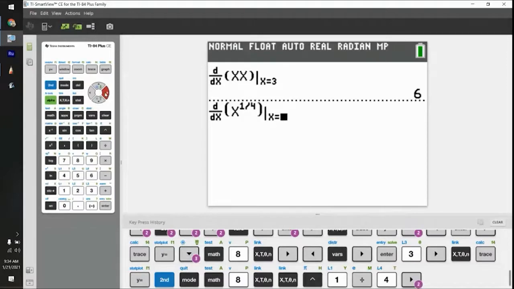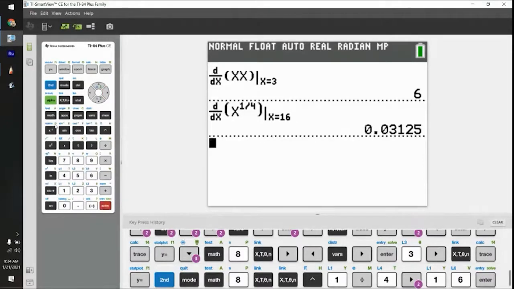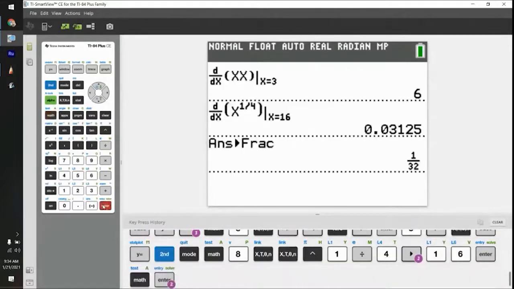And we're plugging in 16. Hit enter on that, you get something crazy. Math bracket up, 1/32. Math 8 is your friend in this class, for sure. Does anybody need help with that?